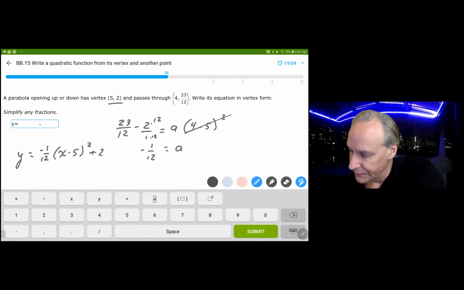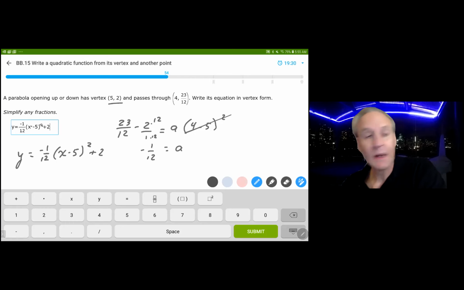Y equals negative 1 over 12, (x minus 5) inside the parentheses. I don't know if I need the space, but it's better to always put it in if you remember. And then I need a plus 2.